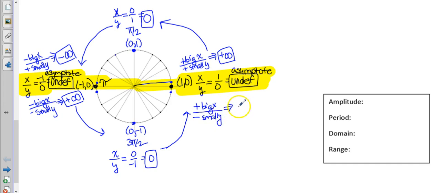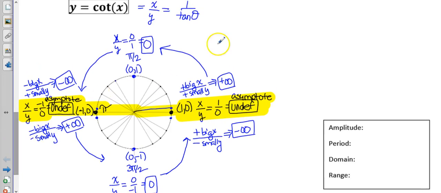Those values will approach positive divided by negative is negative. So approach negative infinity, forever, never, never, because they can't cross the asymptote. Very good. Let's see what this graph will look like.